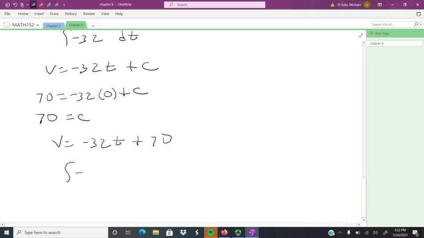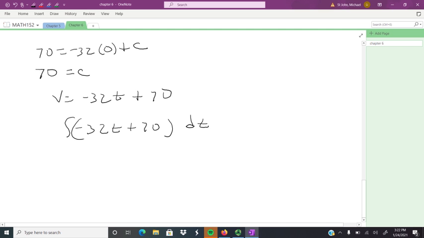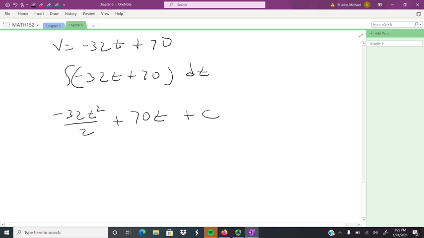And so now if I integrate this again with respect to t, I get minus 32t squared over 2 plus 70 times t plus c. So this is going to be my position. And so this will be minus 16t squared plus 70t plus c.